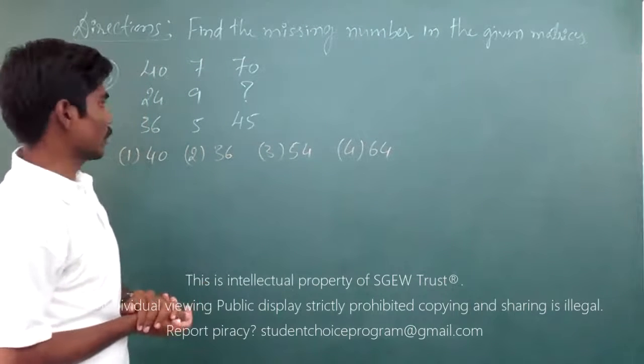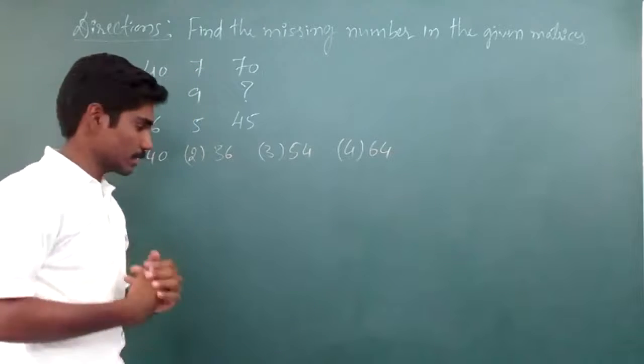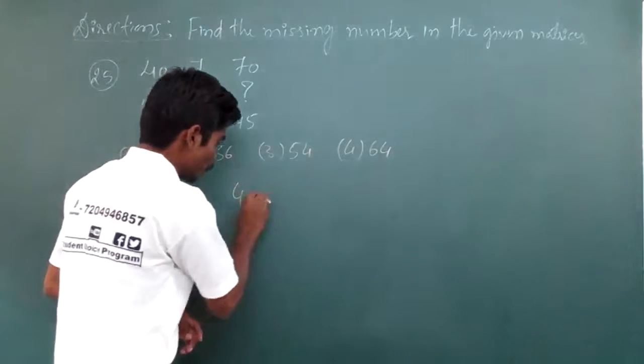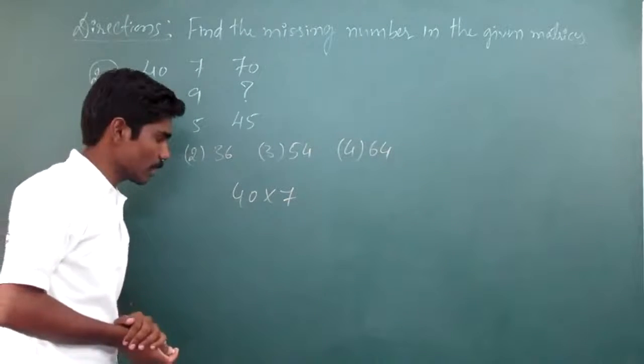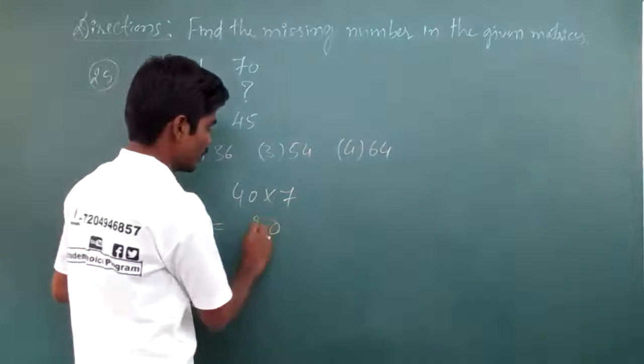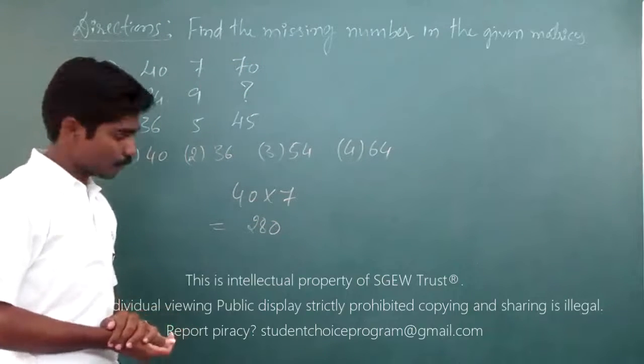Now first I'll multiply these two numbers. Let us check what we get. That is 40 into 7. What is 40 into 7, friends? It is 280. But I should get 70.